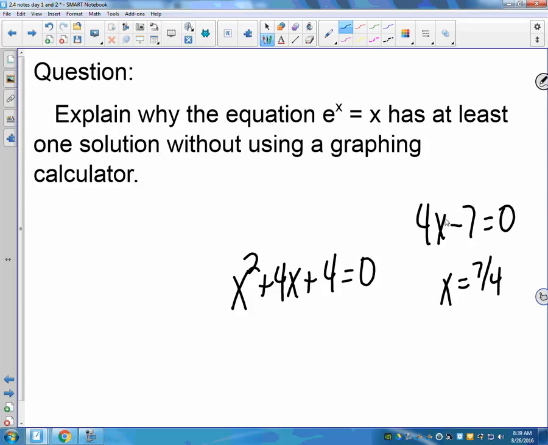When I solve that equation, what does that mean when I find the solution? You've been doing it your whole life, right? What point on the graph? Which axis?